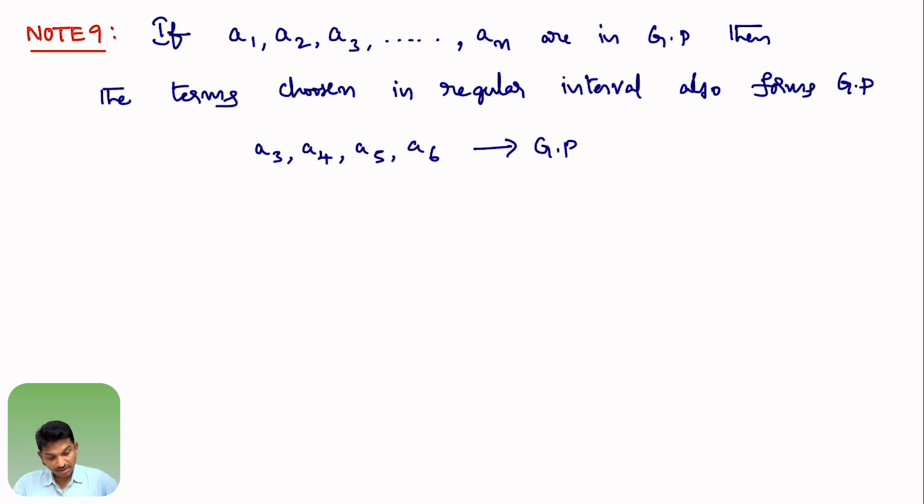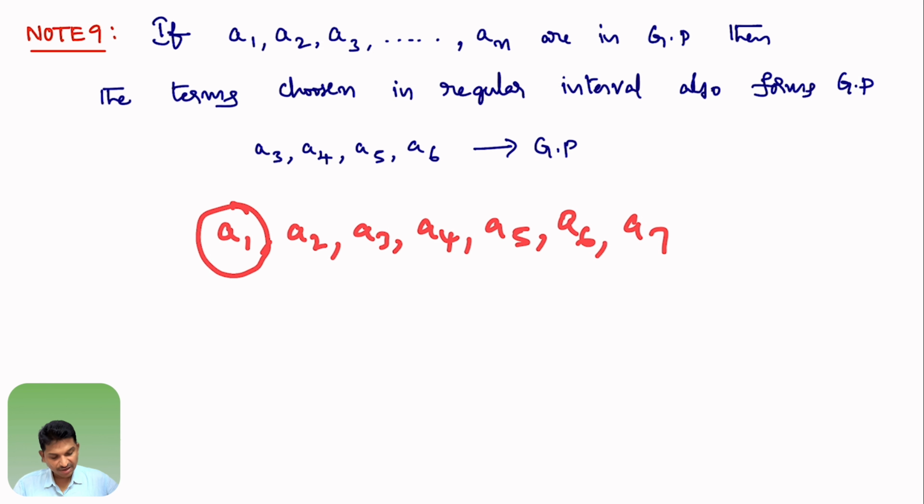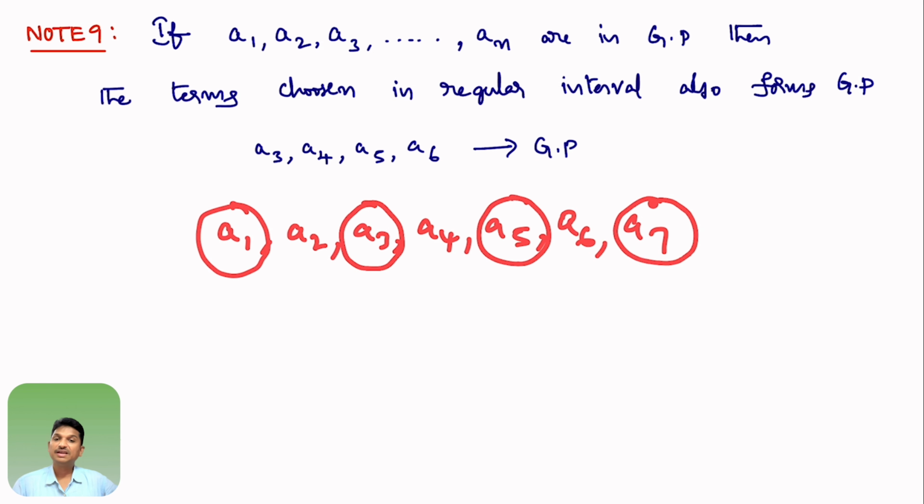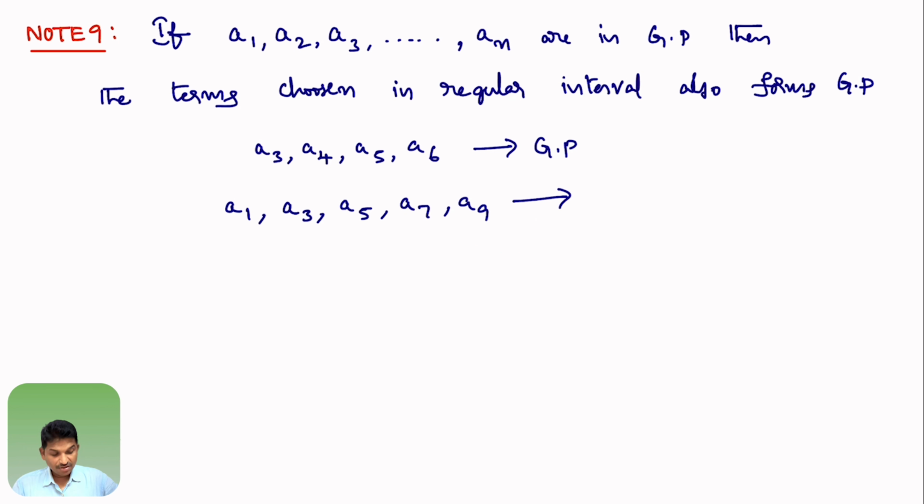Not only that, here the numbers are like this: A1, A2, A3, A4, A5, A6, A7. Choose at a regular interval: first A1, next A3, next A5, next A7, like that. Those numbers also form a geometric progression.